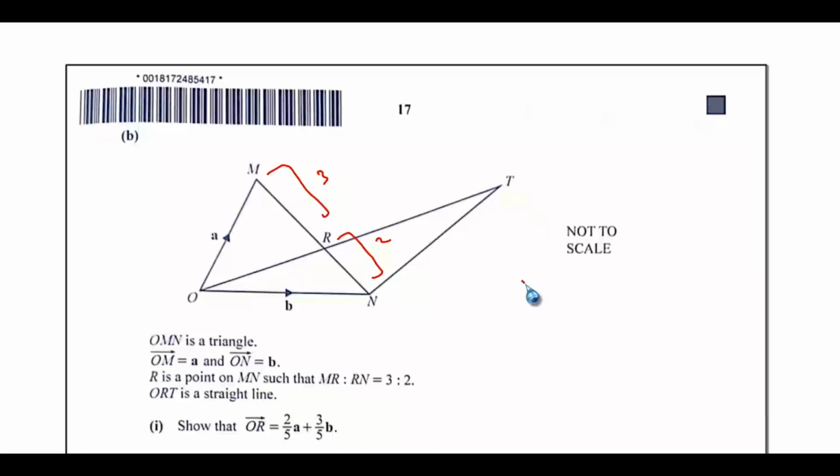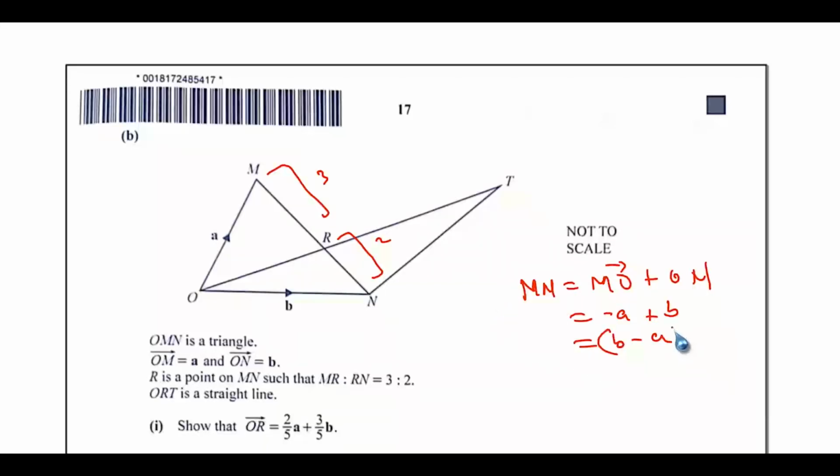Since we know MN, we can get MN here to be MO add ON. So it's always good to have the sides on ground. It helps a lot. So MN is opposite to OM, so that will be minus A. OM is A, so MO will be negative A. Then plus ON is B, so you can write it as B minus A. So that is vector MN.